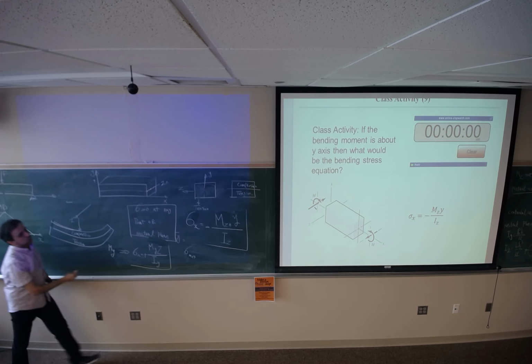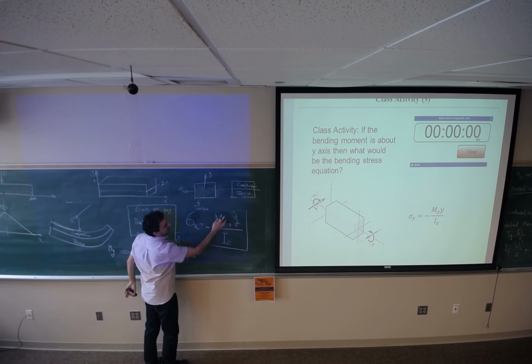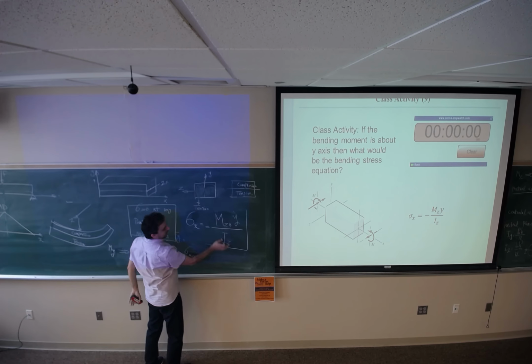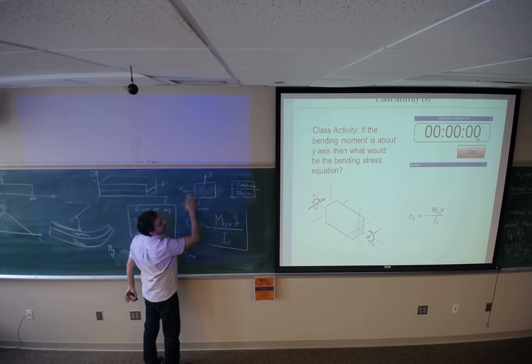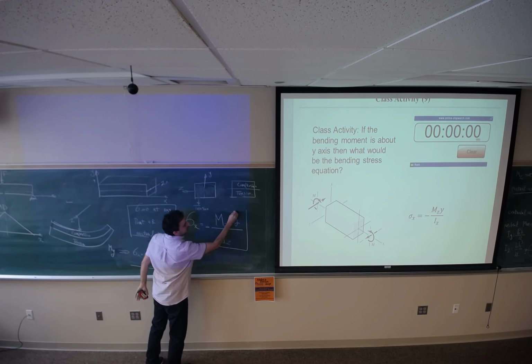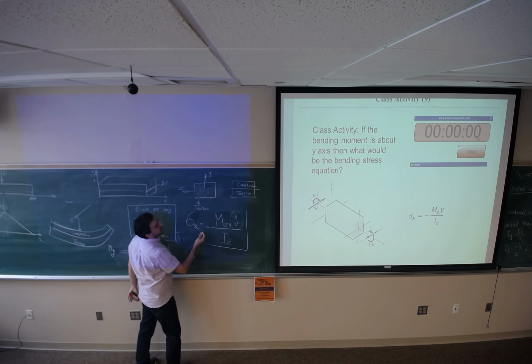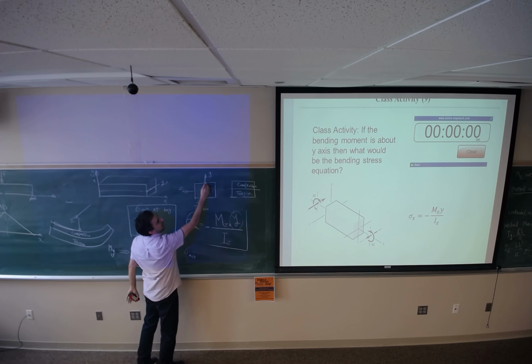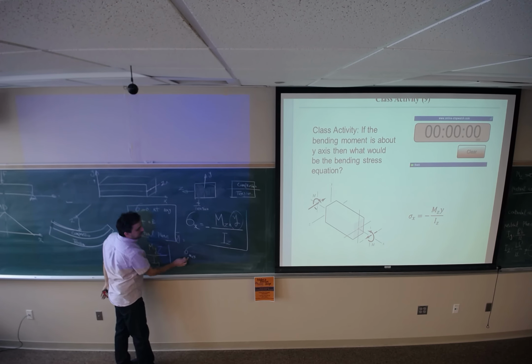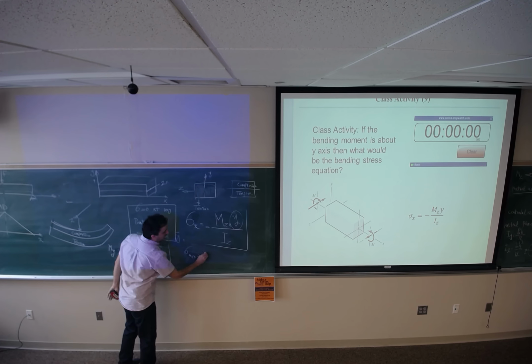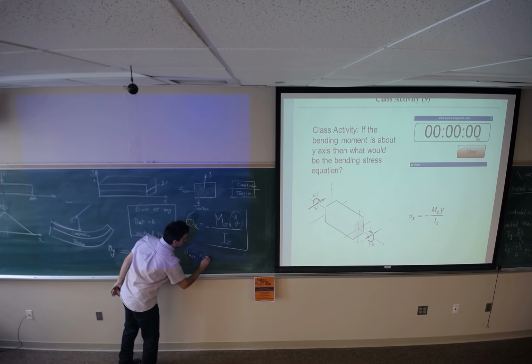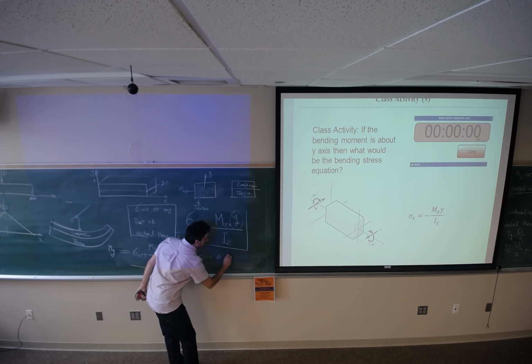So all points have the same moment. Iz is going to be the second moment of area for this cross section. It's going to be the same. The only thing which is varying is y. Different points have different y. So if you are looking for the maximum, the y occurs at y max.